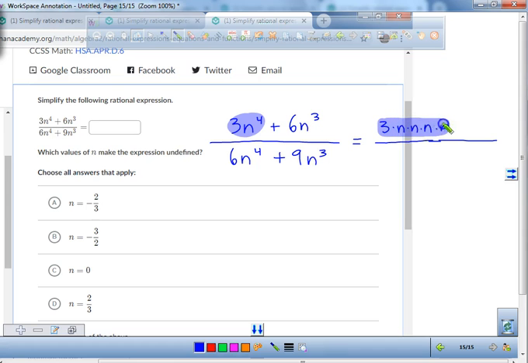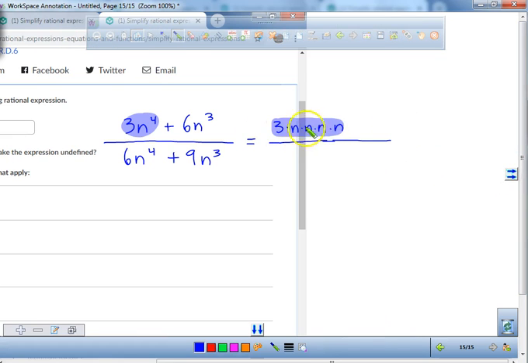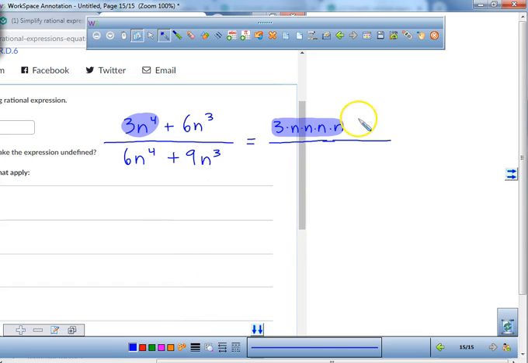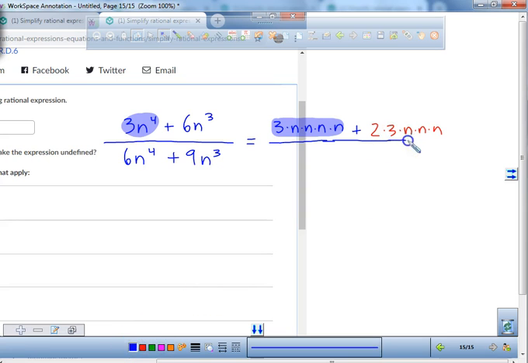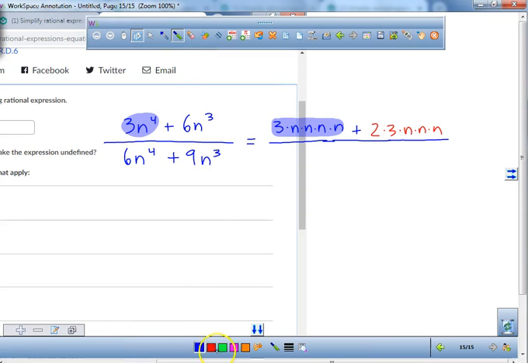Now this time I didn't put a 1 in front of it. So these are all its prime factors. Plus, change this to red, we have 2 times 3 times n times n times n. Those are all the prime factors of this monomial.